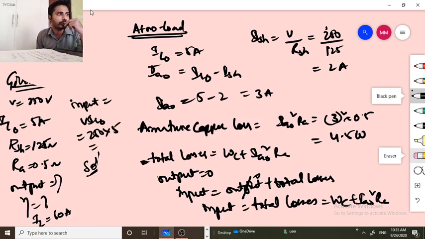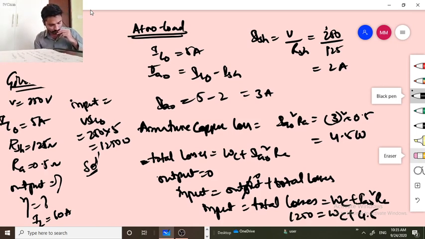So what is the value here? 1250 watts. So input power is equals to, that means 1250 is equals to WC plus 4.5. So now we'll get a constant loss value here.